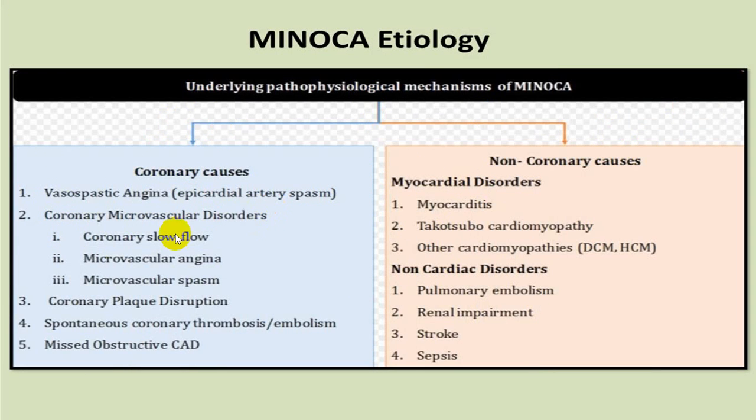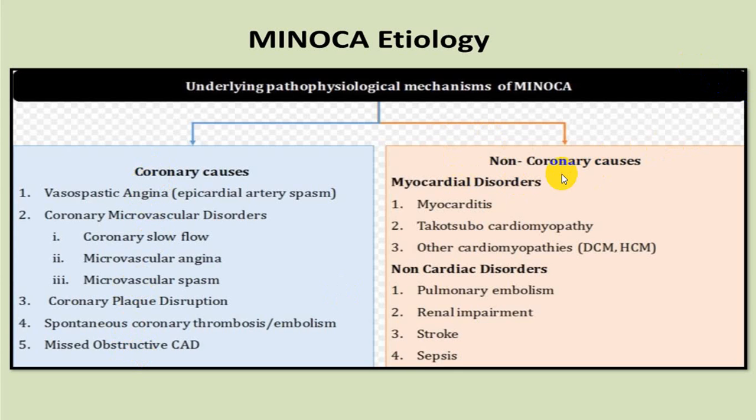Coronary microvascular disorders, where there is a decreased coronary blood flow: microvascular angina, microvascular spasm, coronary plaque disruption, spontaneous coronary thrombosis or embolism, and mixed obstructive coronary artery disease. But this mainly involves the microvascular.